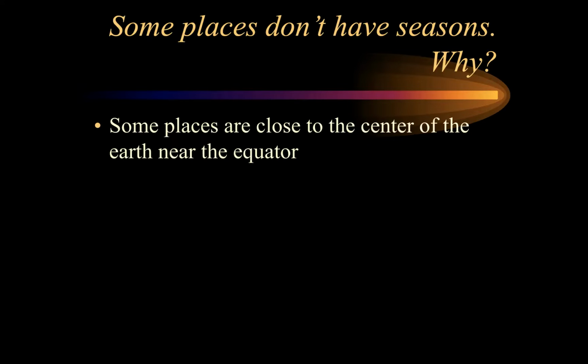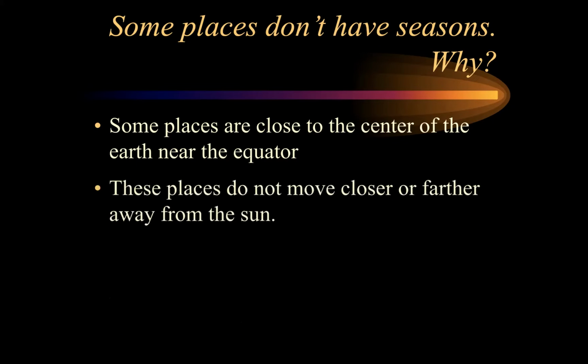Some places are close to the center of the Earth near the equator. Now that equator is an imaginary line that scientists say actually is the halfway point between the upper half of our planet and the bottom half of our planet. It's not really a line drawn on our planet, but it's an imaginary line that goes around our planet, separating the top half from the bottom half.